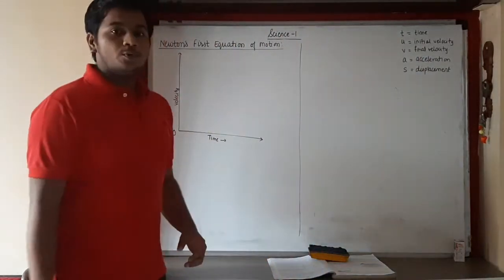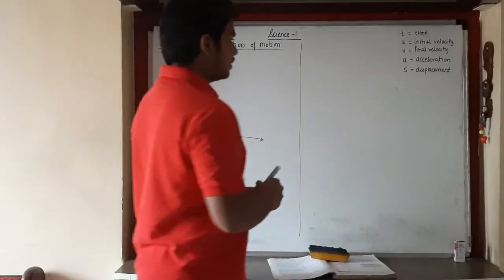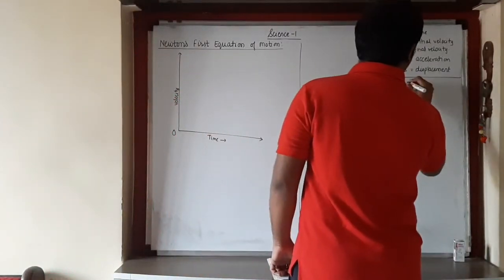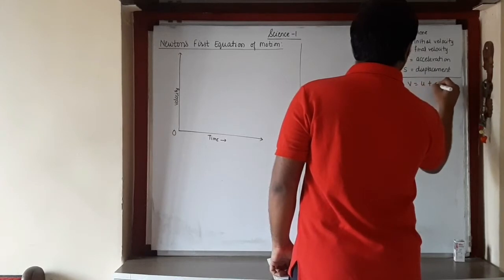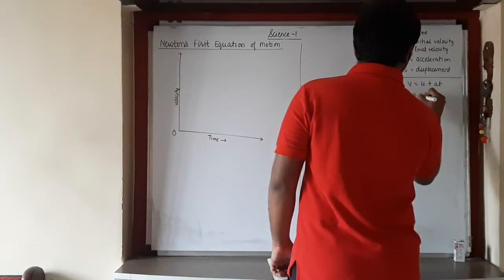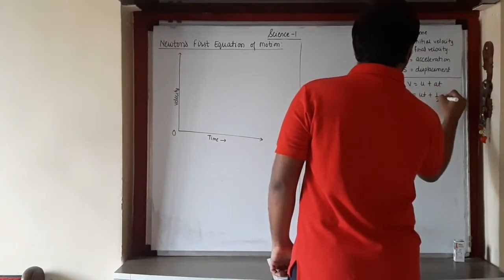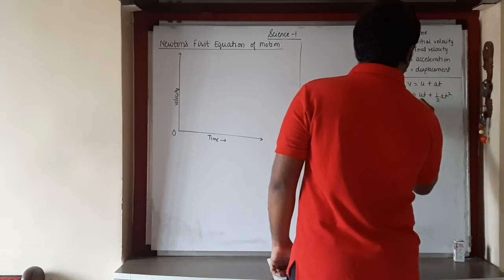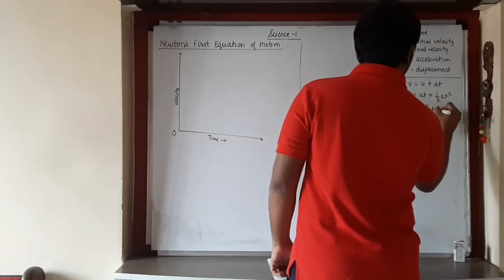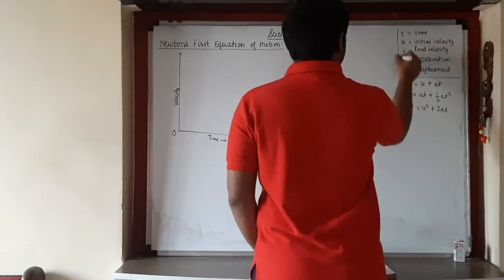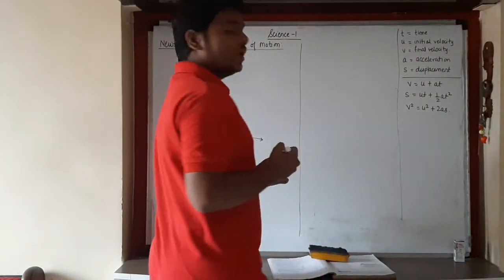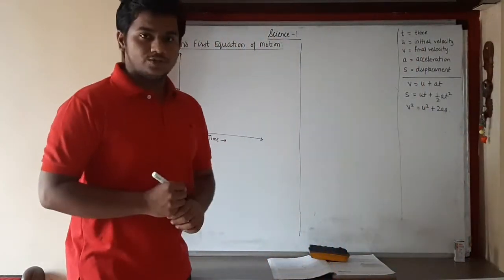Now let us prove all the equations given, that are V equals U plus AT, S equals UT plus half AT square, and V square equals U square plus 2AS. So let us prove each equation individually.